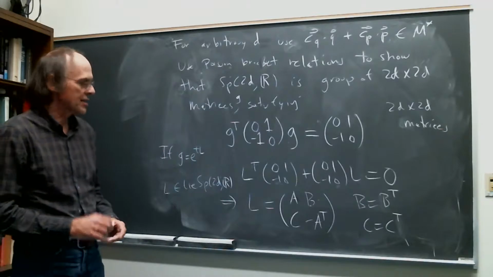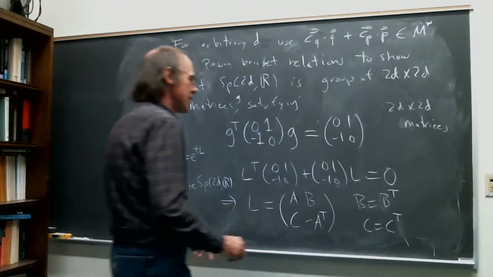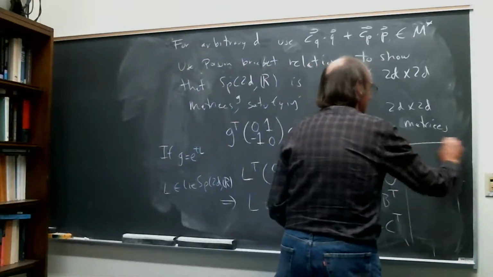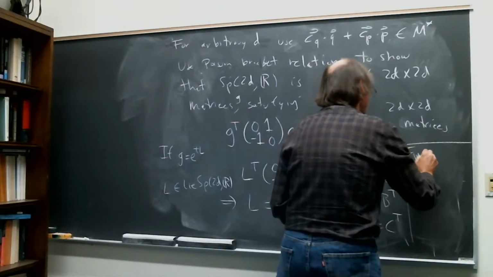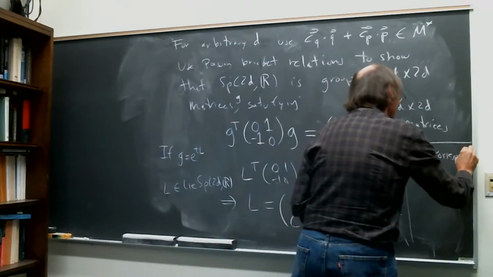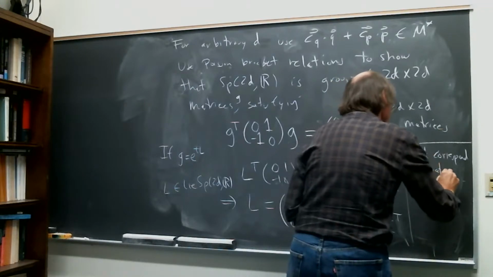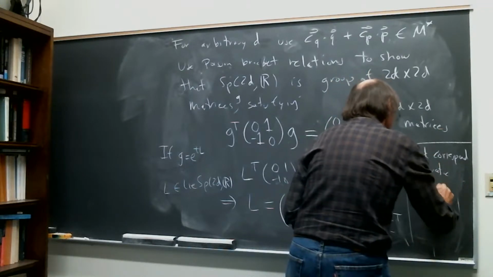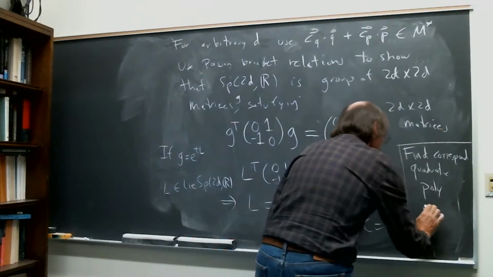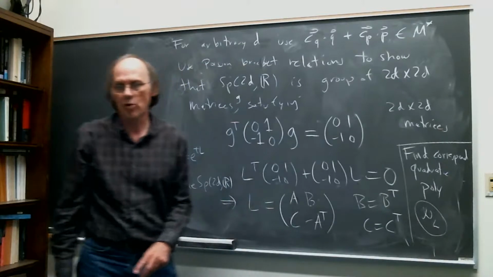And then the next part, which I won't write down, is to find the corresponding quadratic polynomial. In other words, what's the moment map here?